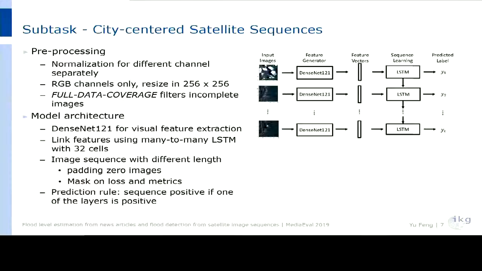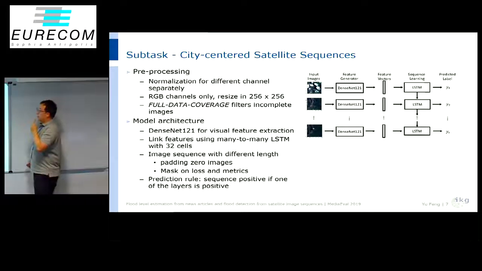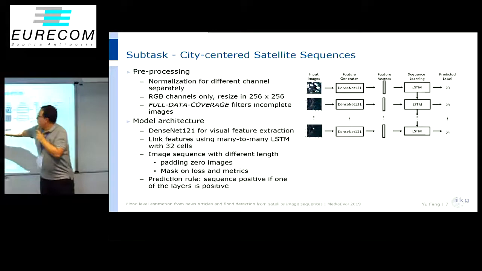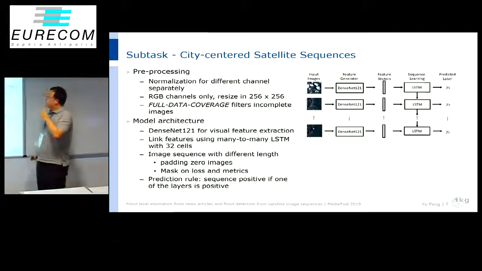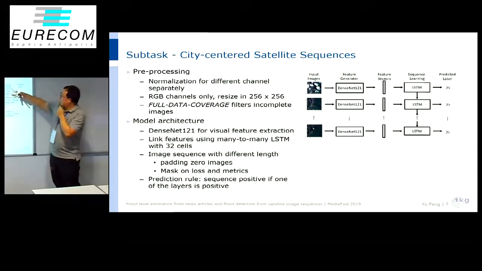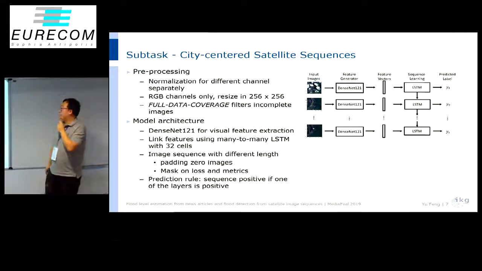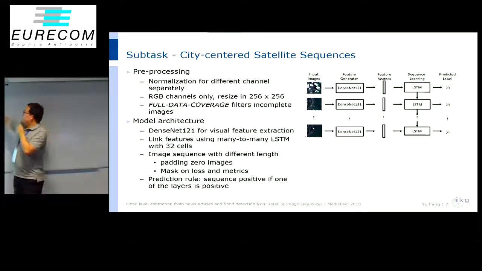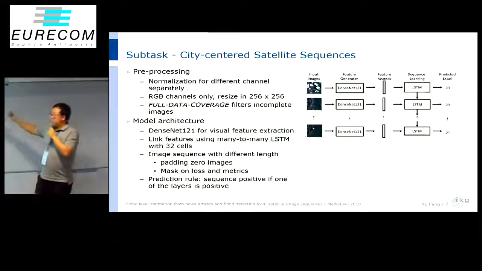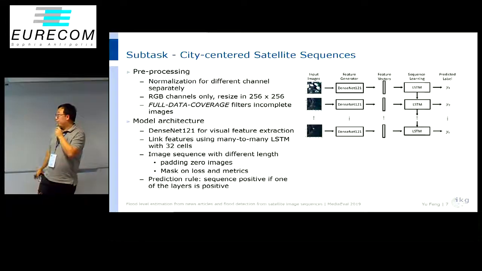And after that is our architecture. We first use a DenseNet 101 to create image features, and then connect them with an LSTM temporally. At the same time, we ask each LSTM cell to output one prediction label.